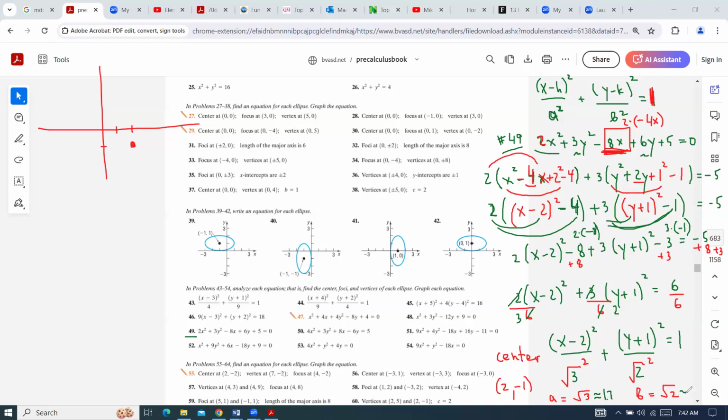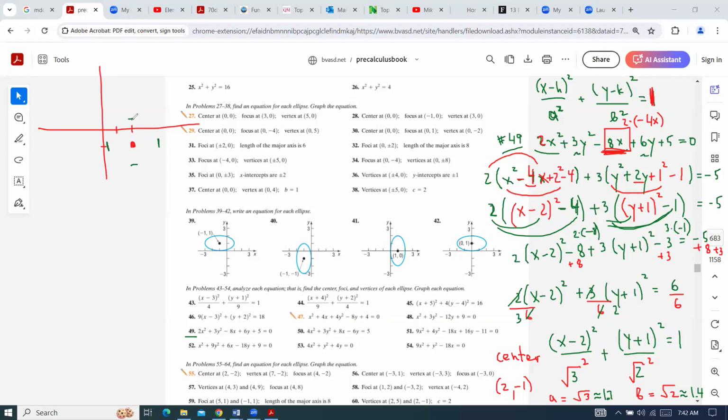And analogously with square root 2, it's about 1.4. So I need this to better see how the ellipse is located with respect to those x's. So if you go to the left by 1.7, you're not going to reach the x's, and to the right. And upwards by 1.4, you're going to cross the x's.